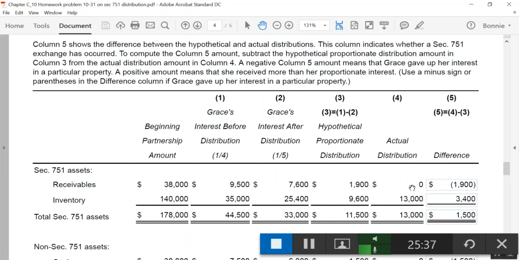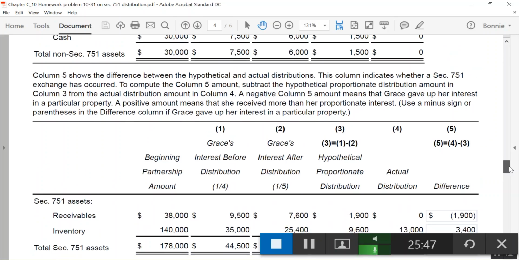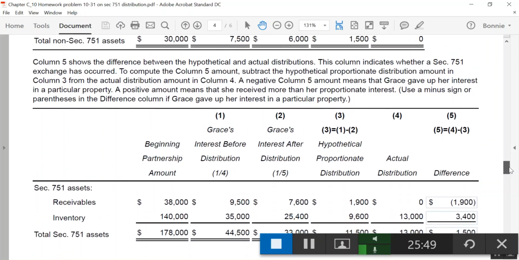But actually, she ends up with an actual distribution of nothing. So that means then that she, because that's negative, she gave up her interest in that $1,900 hypothetically.